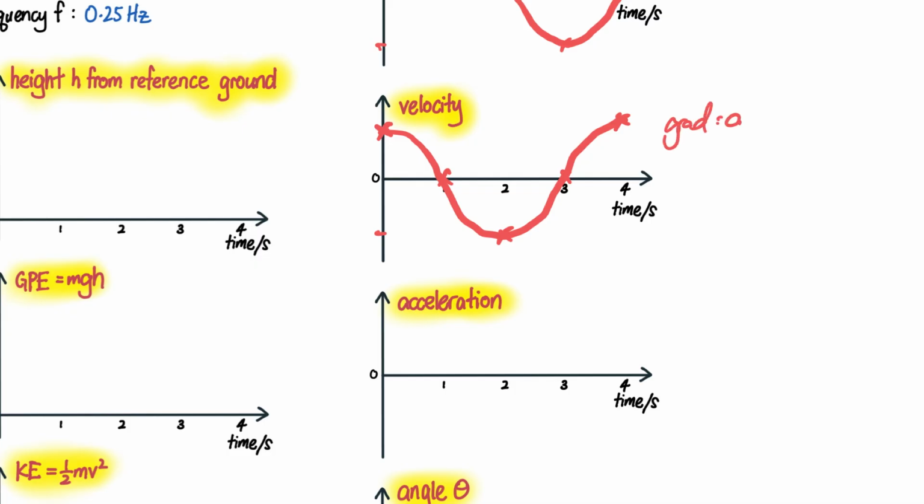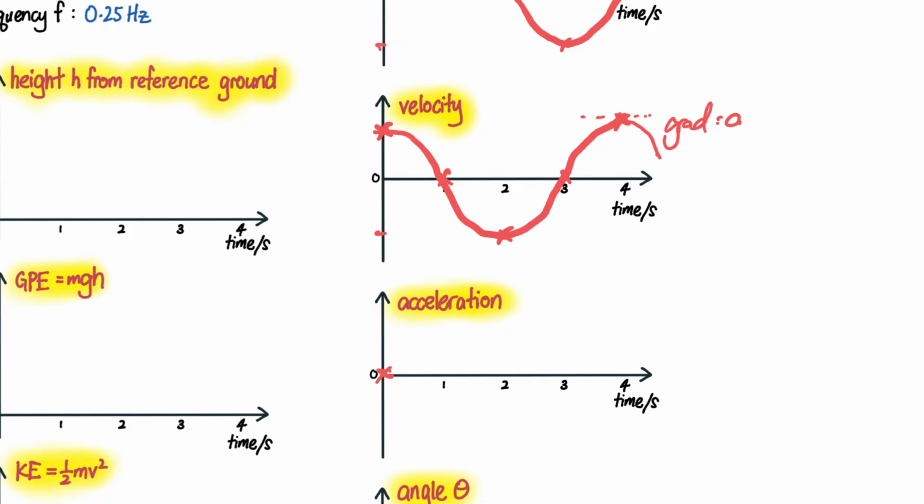Strictly speaking, the tangent here is actually a horizontal, flat line with no gradient, so no acceleration here and here. Because if you continue with the graph, this is the position where the tangent, the gradient, is over here. So that means the first part, at time equals 0, there's no acceleration.